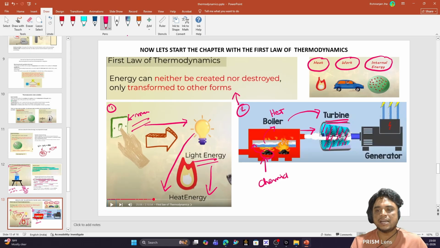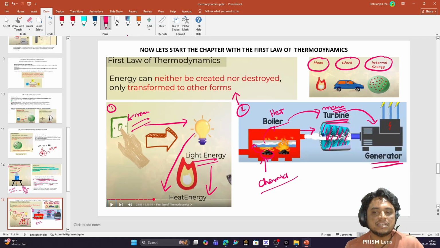Now this turbine in turn rotates the generator. So the chemical energy got converted into heat energy, then into mechanical energy, and now that mechanical energy gets converted into electricity with the help of an electrical generator. So this is how the energy conversion is taking place.